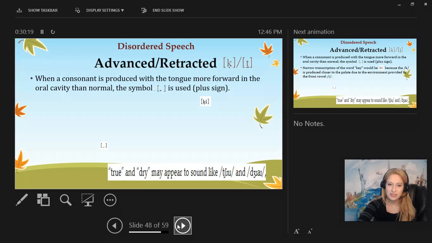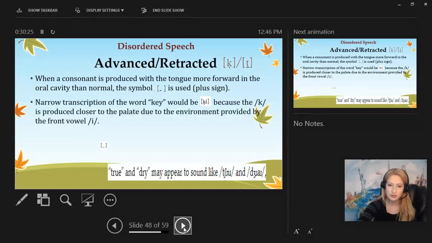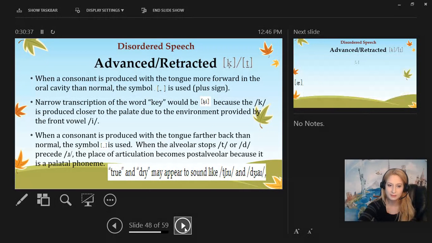When a consonant is produced with the tongue more forward in the oral cavity than normal, the plus sign symbol is used. Narrow transcription of the word key would be as shown, because the K is produced closer to the palate due to the environment provided by the front vowel, lowercase i.